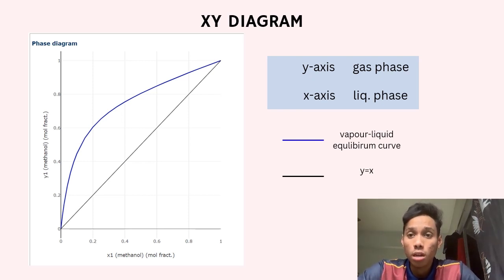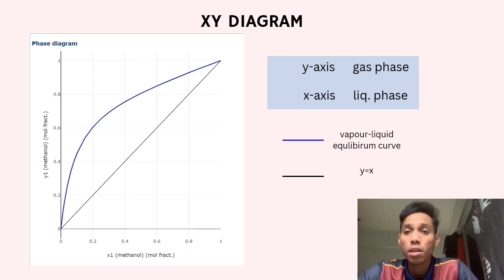Hi, I am Amir Zafar. This is our XY diagram. The XY diagram is a graphical representation used in the distillation process to analyze the composition of the liquid and vapor phases within a distillation column. In the XY diagram, the x-axis represents the mole fraction of one component in the liquid phase, while the y-axis represents the mole fraction of the same component in the vapor phase.